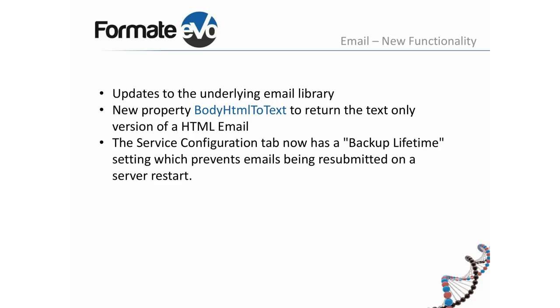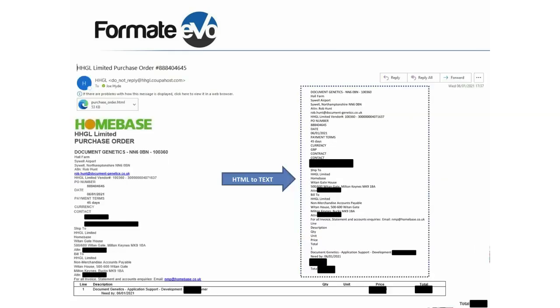So just to give you a quick example of that, this is a real example of one of our customers' home base. That's an HTML email on the left there, and this function will give you the ability to effectively strip all the HTML tags and give you a straight text file at the end of it.